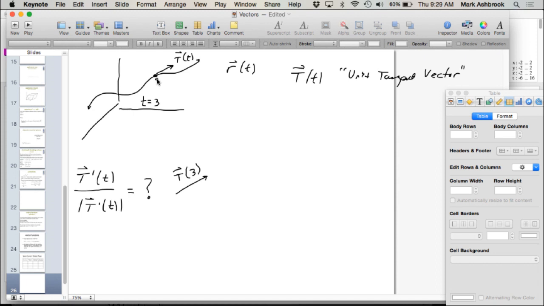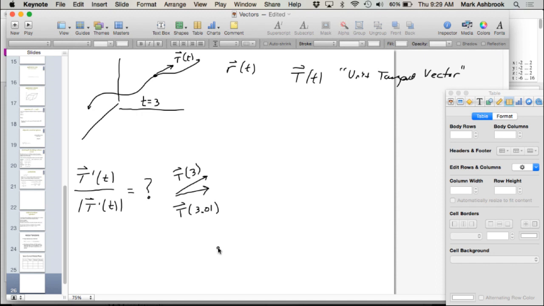No, so now I'm going to take T of 3.01. Is capital T going to be steeper or more shallow? More shallow, right? Because it's bending down here, right? So if I put T of 3.01 like this, it's going to look like that.